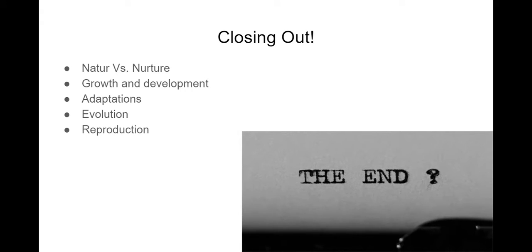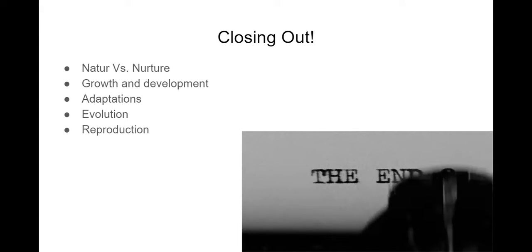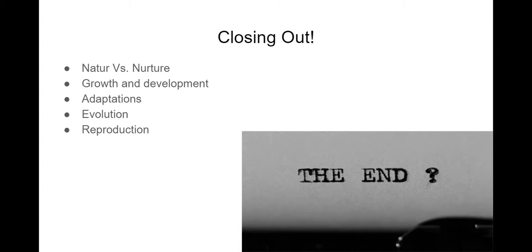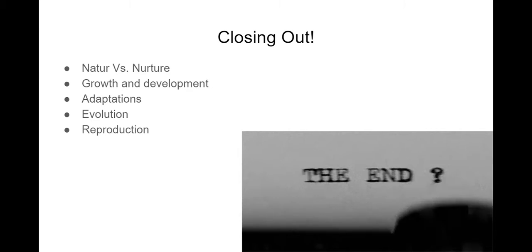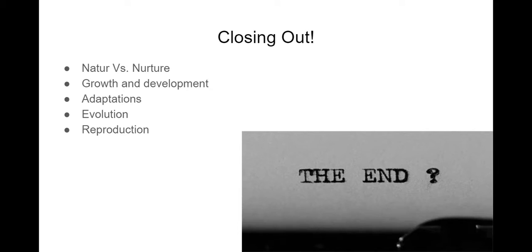Now, in closing, we're wrapping it up. We talked about nature versus nurture. We talked about growth and development. We reviewed adaptations, evolution, and reproduction. We talked about 5 different points today. If you need to review any of your lessons at any time, we urge you to do that.